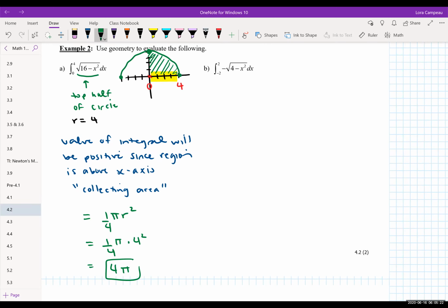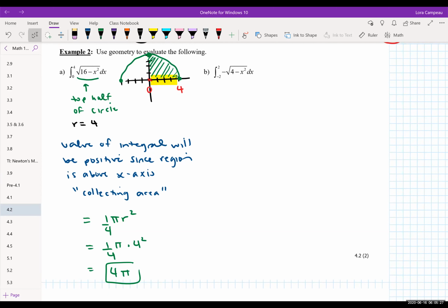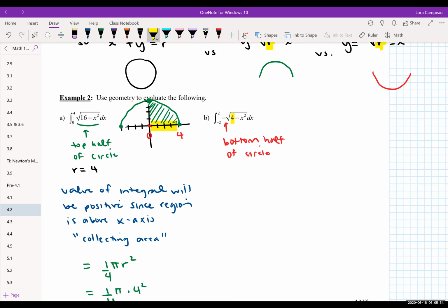Now, similarly, if we play with this, I want to point out that because you do see a negative portion right here, that's going to remind us that that is going to be dealing with the bottom half of a circle. And if, again, we're looking at the patterns, the number that comes first is dealing with how to find the radius.